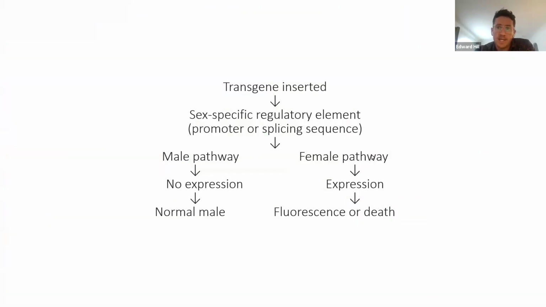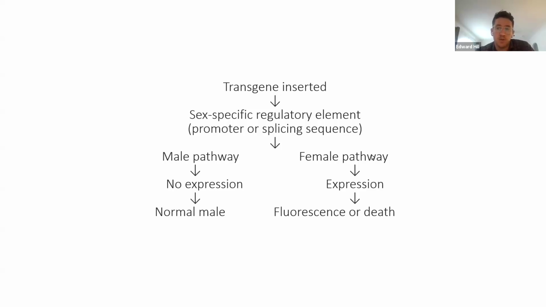The general flow is, let's introduce a transgene into the genome of a screwworm. This transgene would have a sex-specific genetic switch that would be specific for one of the sexes. Both sexes would inherit the transgene, but only one sex activates it, because either males or females process or regulate the gene differently.